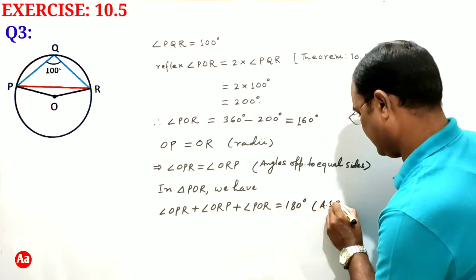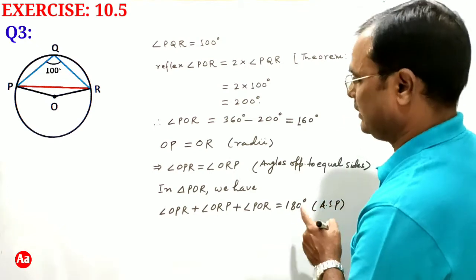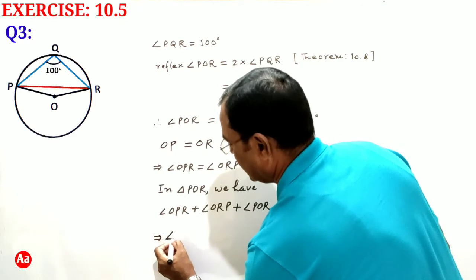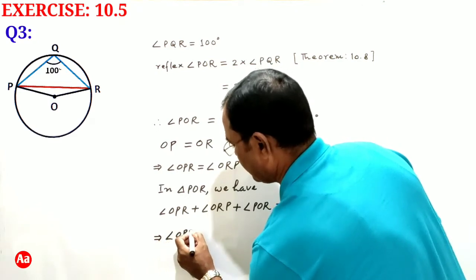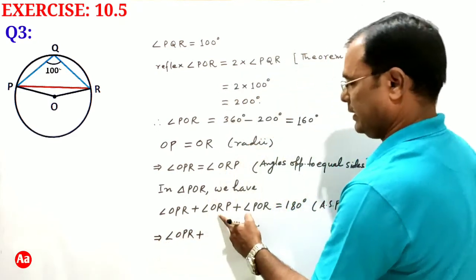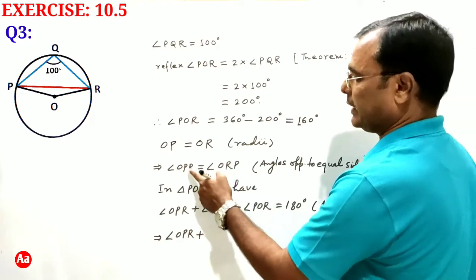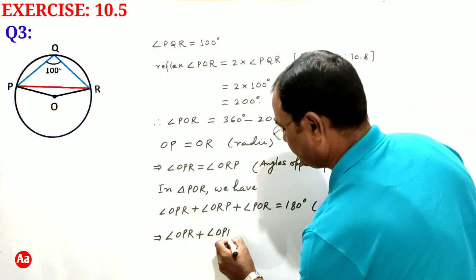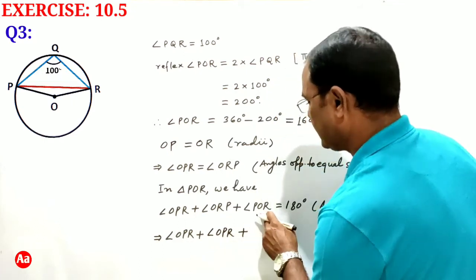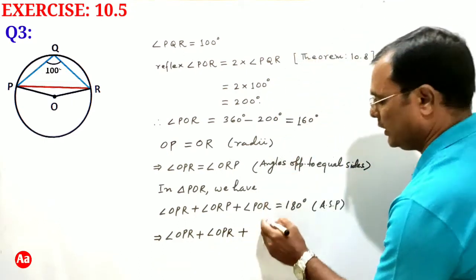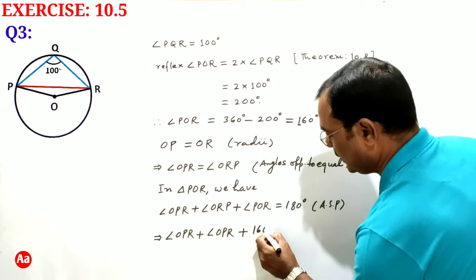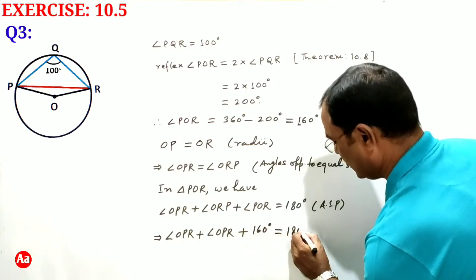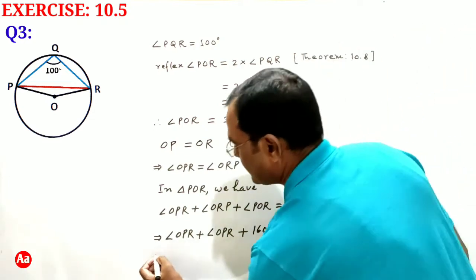This is angle sum property of a triangle, and this implies that angle OPR plus angle ORP, we are writing angle OPR, plus this angle POR 160 degrees we have already found equal to 180 degrees.